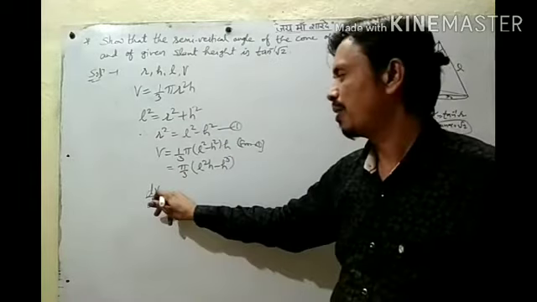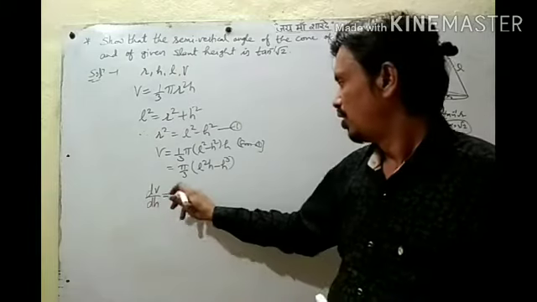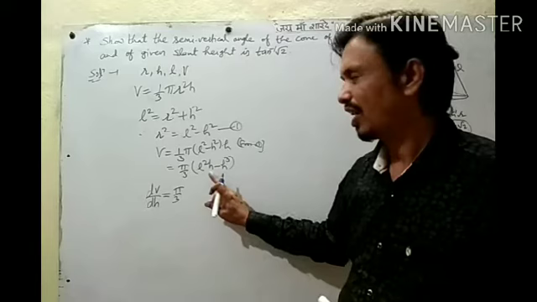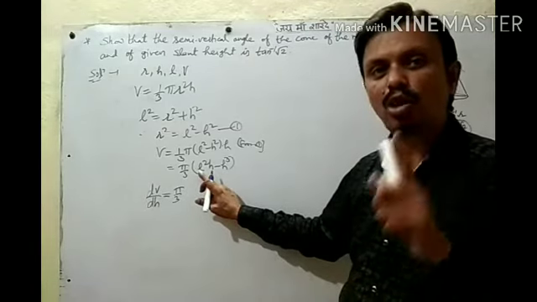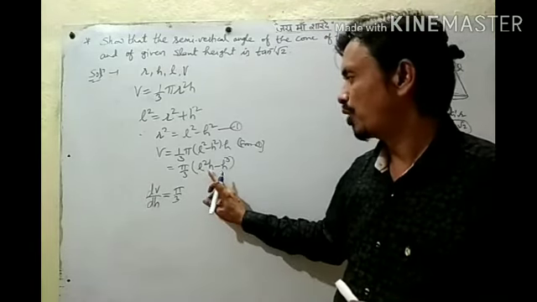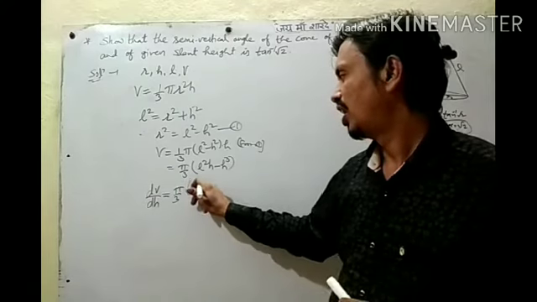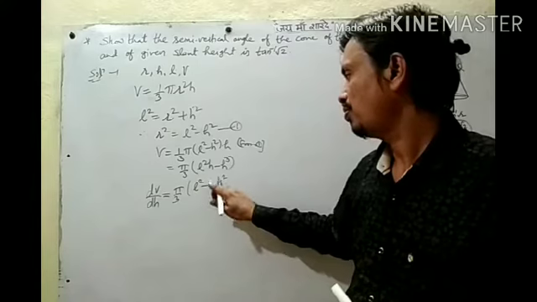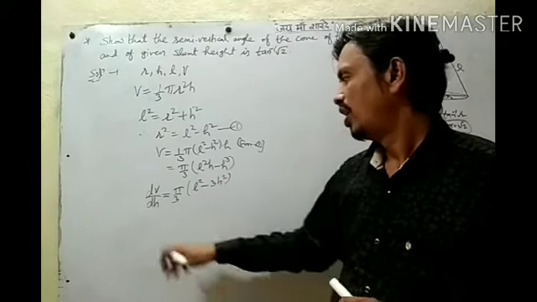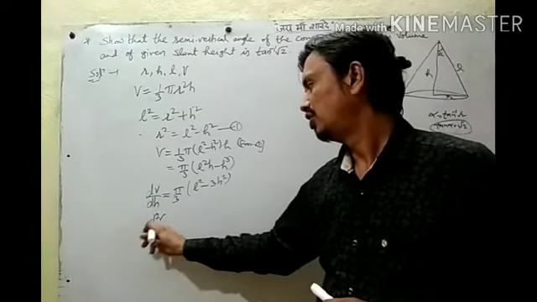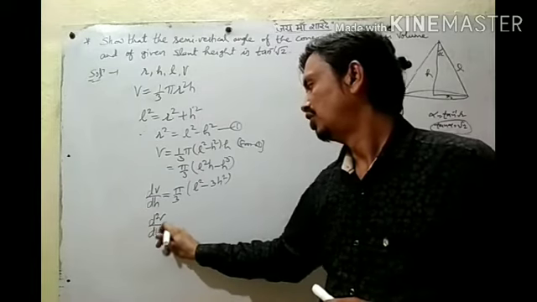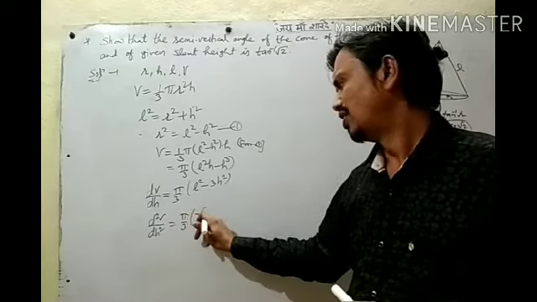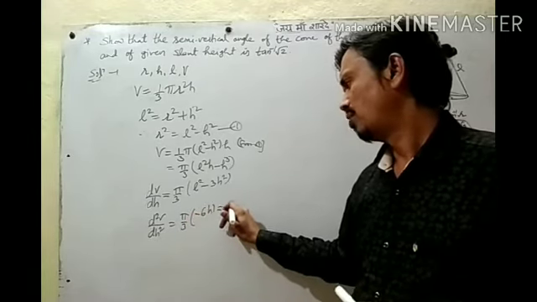So the next step will be to differentiate with respect to the unknown. The unknown is h. L is given, that is constant. So differentiating with respect to h, we get pi by 3 times L square minus 3h square. Again differentiating, we get pi by 3 times minus 6h, or you can say minus 2 pi h.